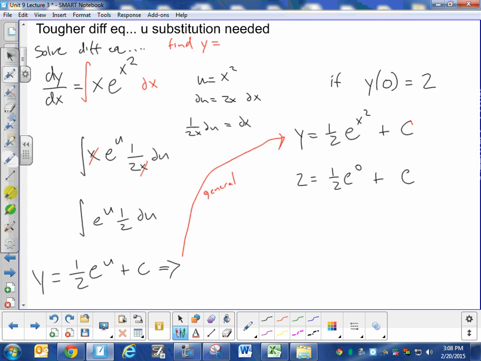Now e to the 0 is 1, so we got 2 equals 1/2 plus c. So subtract a half, you get 3/2 equals c. Y is equal to 1/2 e to the x squared plus 3/2. And now I have a particular solution.